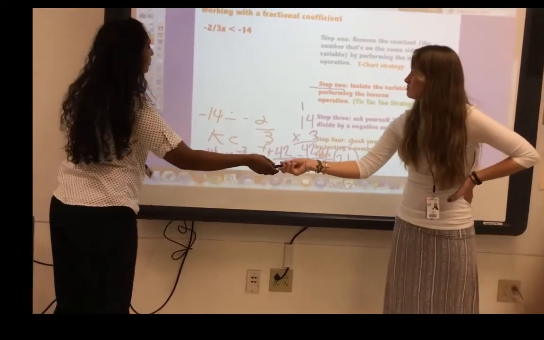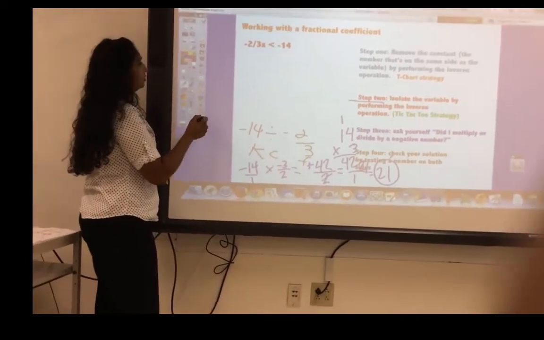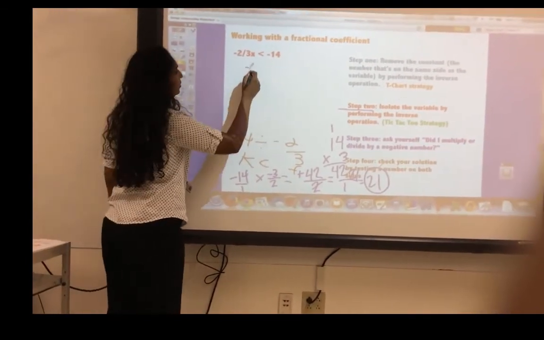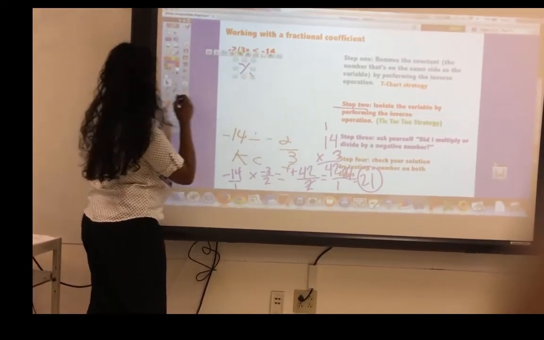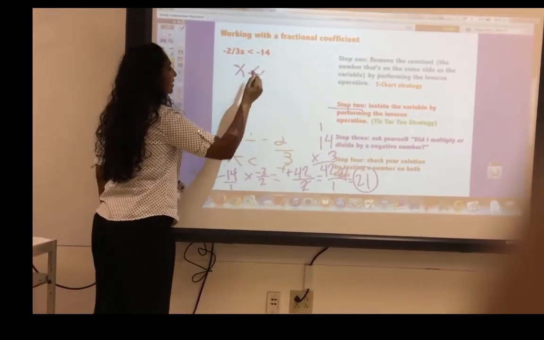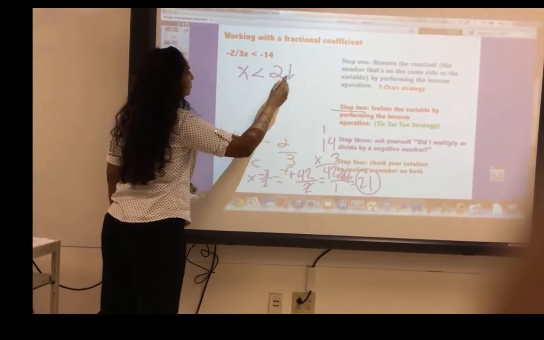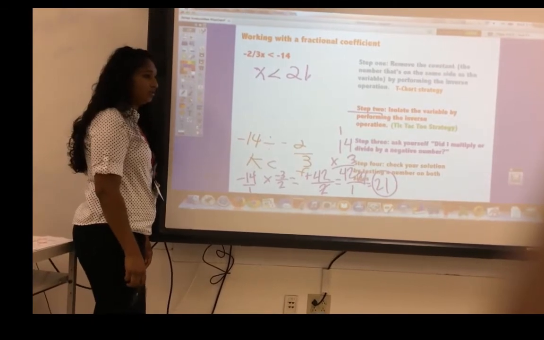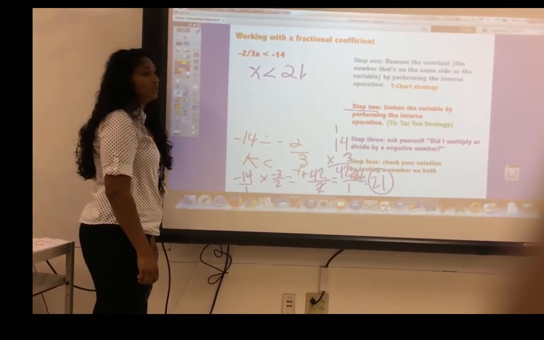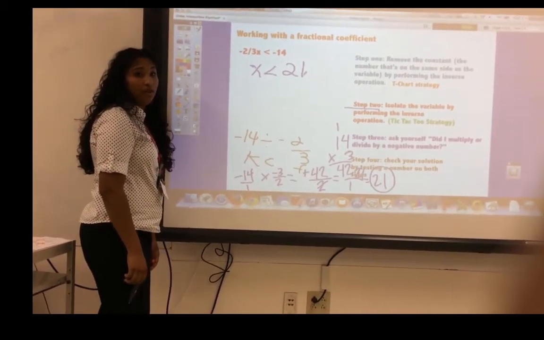Okay, so now we're going to go back to our inequality, and we're going to put x is less than 21. So then step 4 is where you need to check your solution. So we're going to have you all check your solution right now in class.